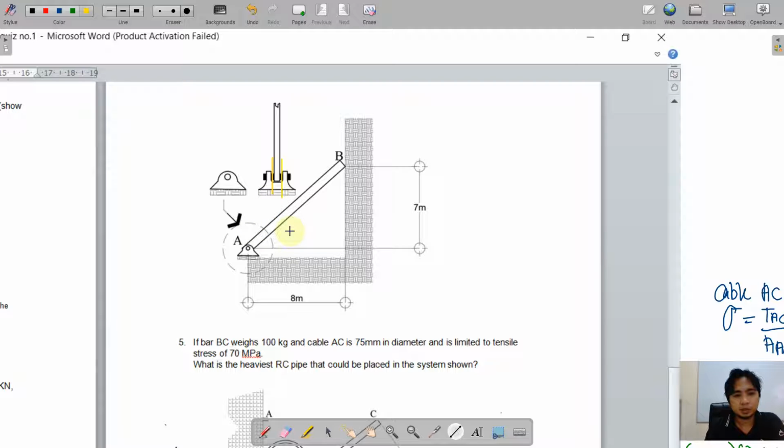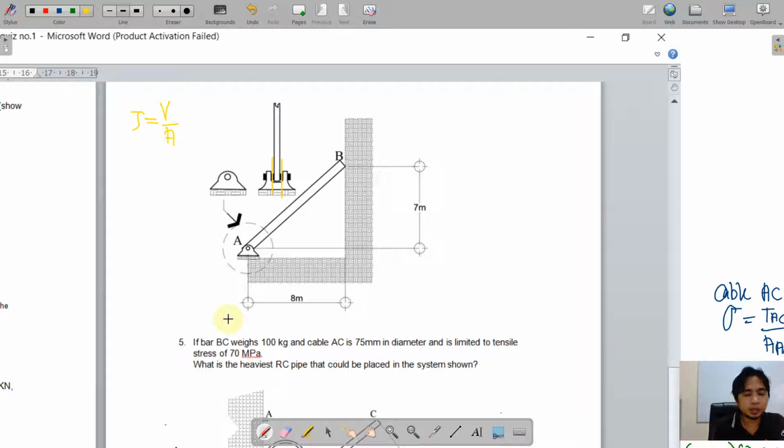Okay, so what we do is just, of course, apply this formula. Tau is equal to V all over A. So what will be our shear force here? Of course, the computed reaction at A.